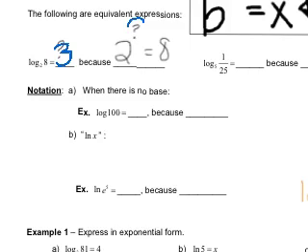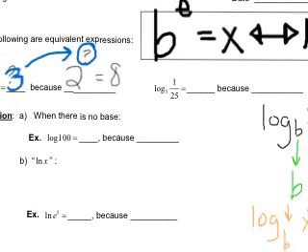In order for this to work, I would have to have a 3 right there. For the time being, I really do believe that putting this question mark here is helpful because it's like, I wonder what this is.